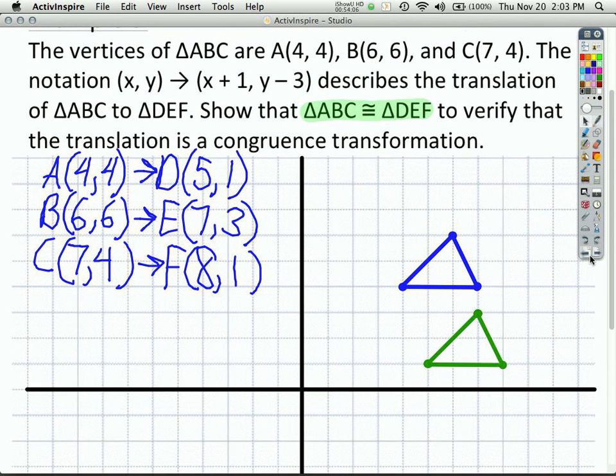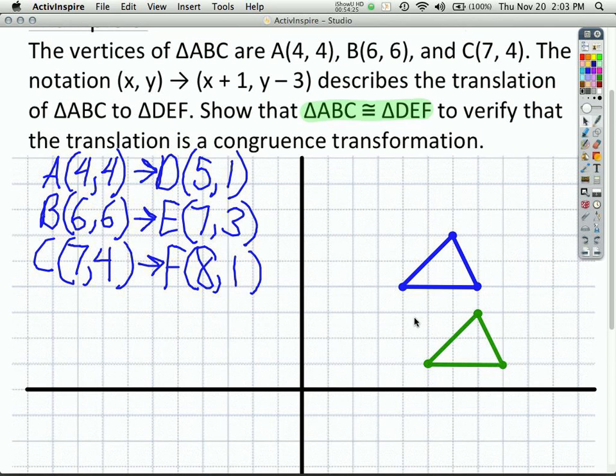So we've done the transformation, but did the transformation actually preserve congruence? I think instinctively we already know that they're congruent. I could give you patty paper and you guys could trace one of the triangles and move it onto the other and see it.